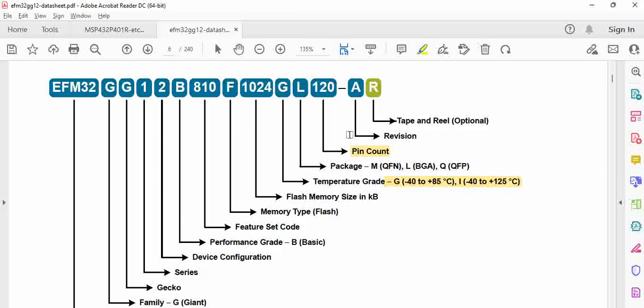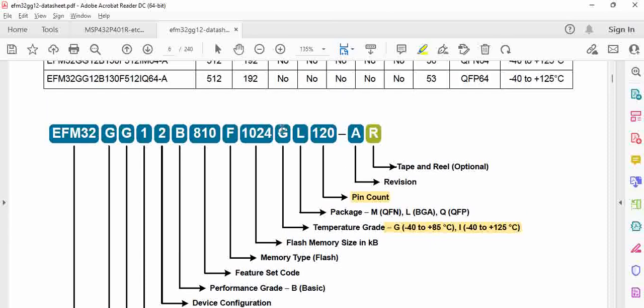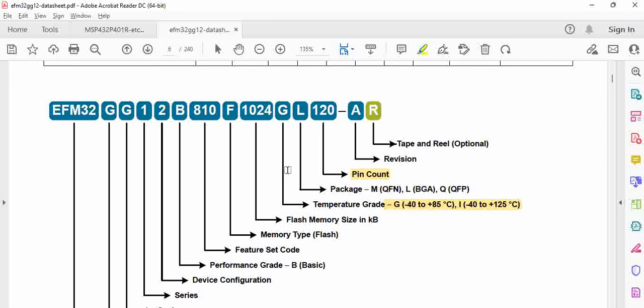If you are a beginner, you need to go through what is called the ordering part number. For example, if you are selecting a microcontroller for your application, you need to understand which part number needs to be used. In the data sheet, you can go to the ordering part number, select the microcontroller, and use it in your application.